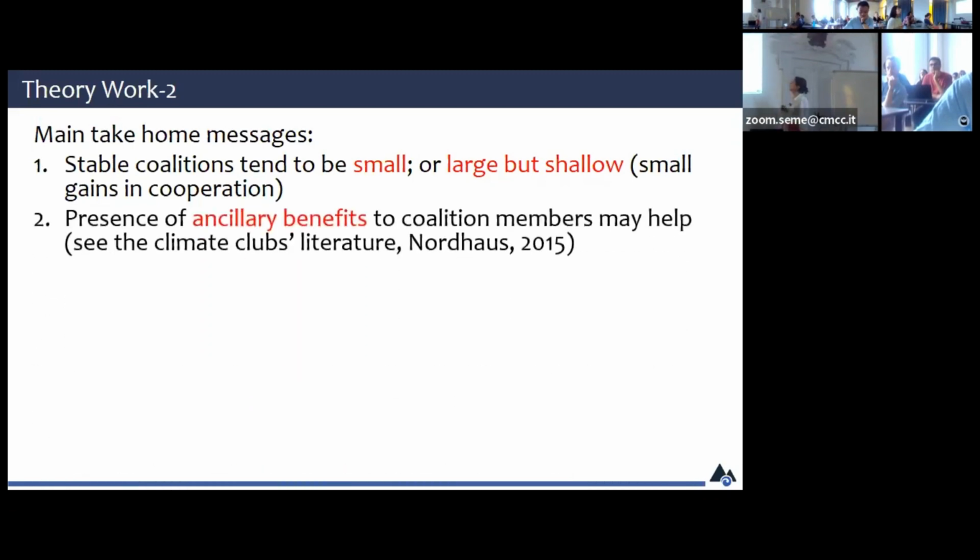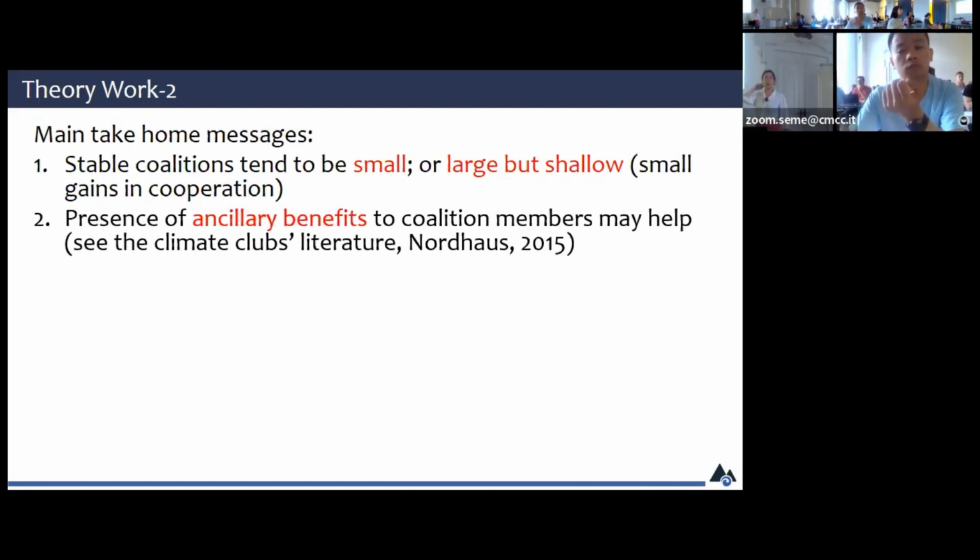Second is that if you start to have ancillary benefits or some form of punishment, you might do better than that. So what do I mean by ancillary benefits? You could have technologies shared across the members of the coalition. There's a paper we did with Enrique on that.